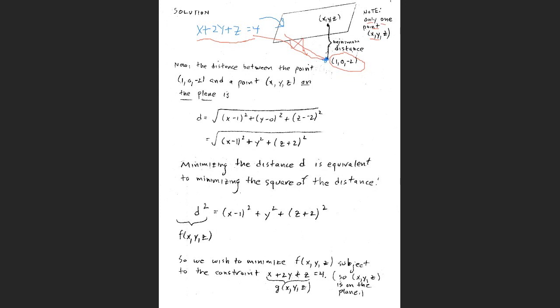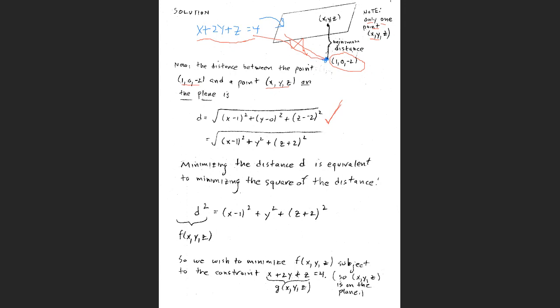All right, so the distance function between the 2 points, right, Eric, infinity, that's right. Excellent. The distance between the 2 points (1, 0, -2) and (x, y, z) is given here. You know how to find the distance between 2 points.